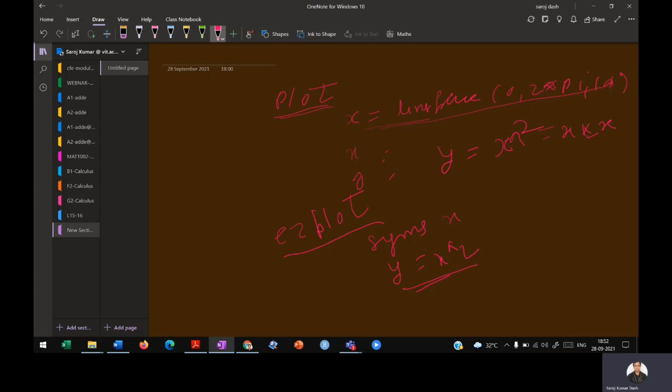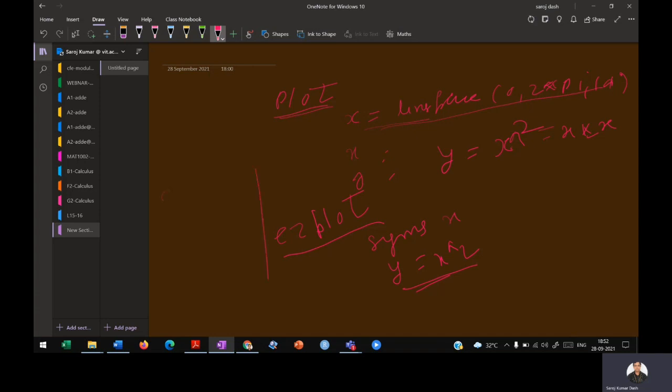It means MATLAB already has default x values, between -2 to 2 or something else. So whenever you define symbols, MATLAB understands that's the x values we have. Then y is equal to x square, it will take and plot. So I think now you understand.